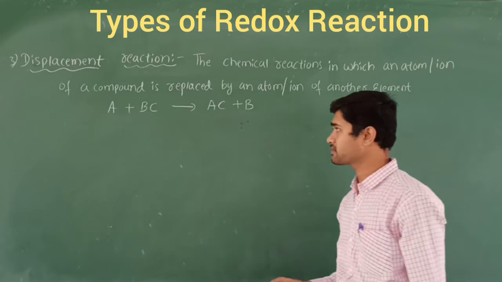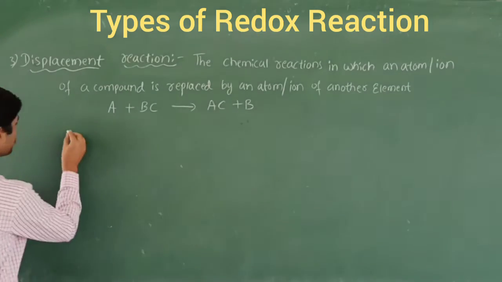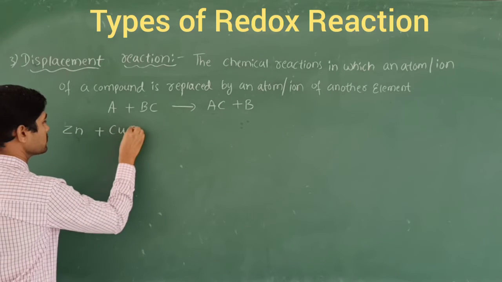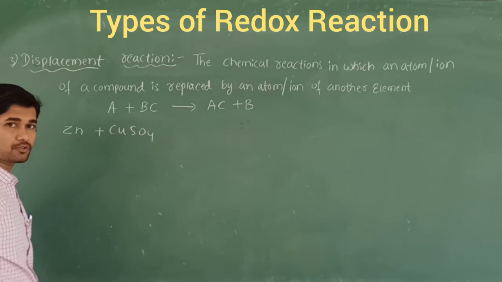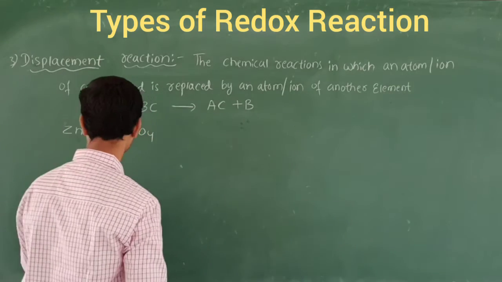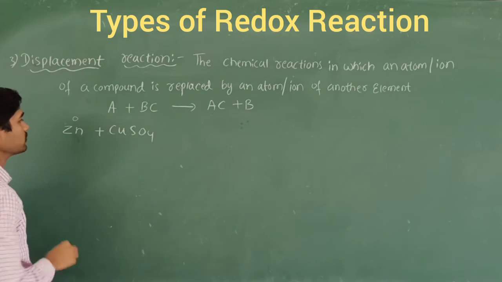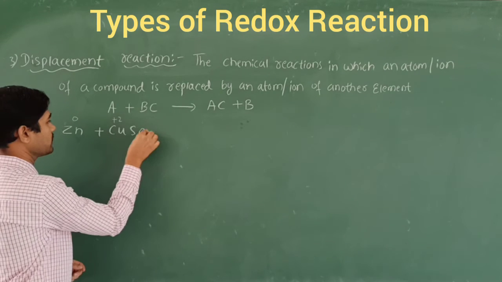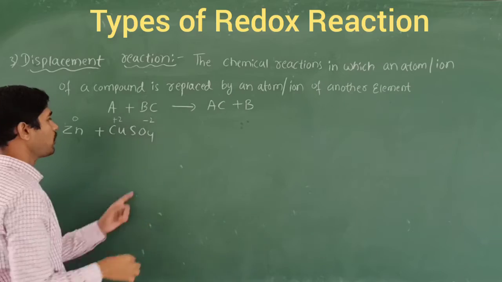Let's take a simple example here. I am going to take zinc plus copper sulfate. Meanwhile, we should maintain their oxidation numbers also. Zinc should be 0, copper should be +2, and oxygen should be -2. What about the sulfur?